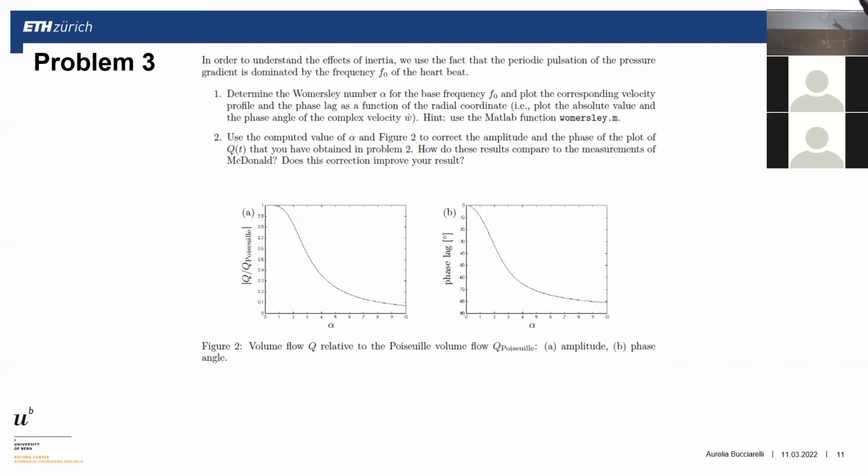With those two pieces of information, since you calculated alpha, you can integrate the phase shift and the Q in your function from problem 2 at the end, and then you can see, oh okay, my Q at the end is different. Is this equal? So plot it again against your first Q, the Q of McDonald's, and see again what shifted, what is better, what is worse. Did we arrive at the same solution as McDonald's?